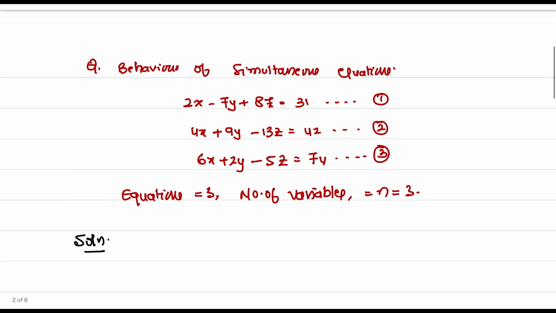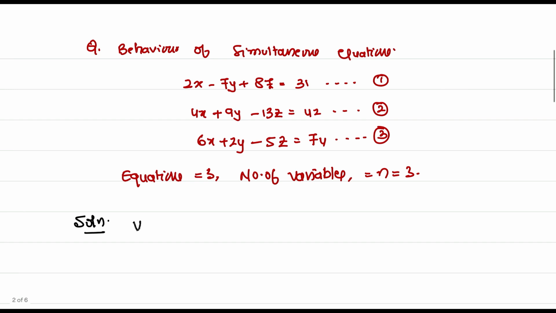What is the variable matrix? Variable matrix is a column matrix X, Y and Z. Please follow the steps. What is the coefficient matrix? We will call it as A, coefficient.